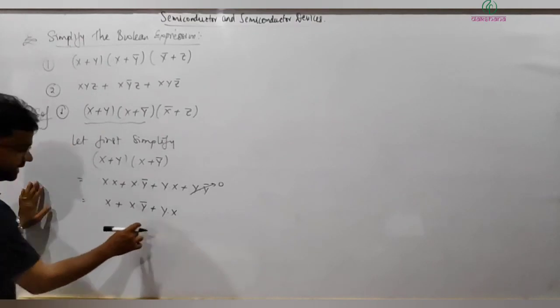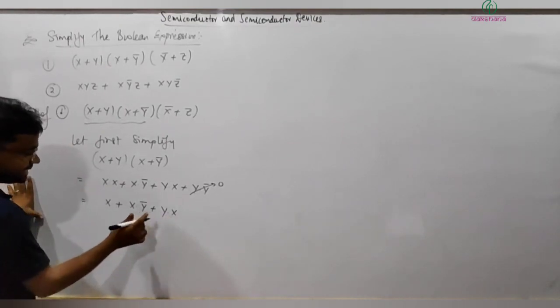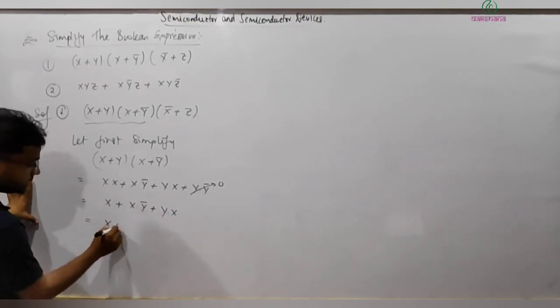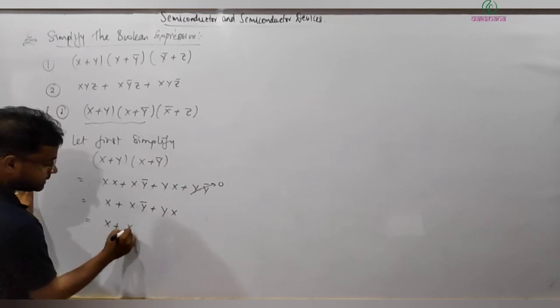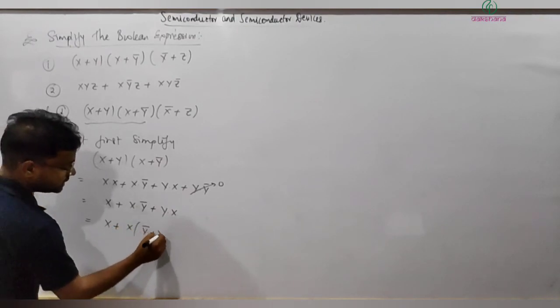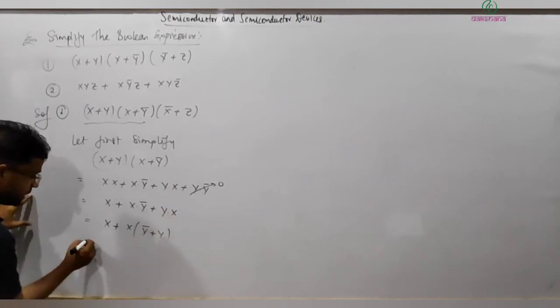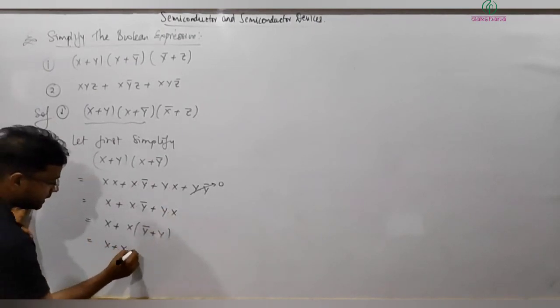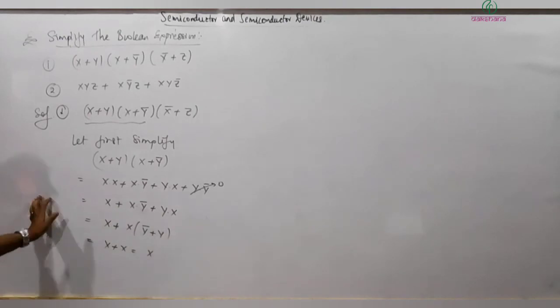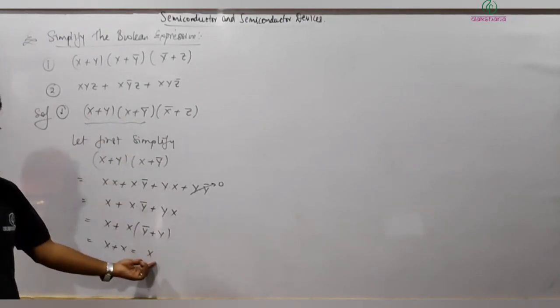So this is x plus x dot y naught plus y dot x. Now we can simplify it. From here I can take x out, and it's x times (1 plus y naught plus y). Y naught plus y is equal to 1. So this is x plus x, and that comes out to be finally x. So for this part we are getting only x.